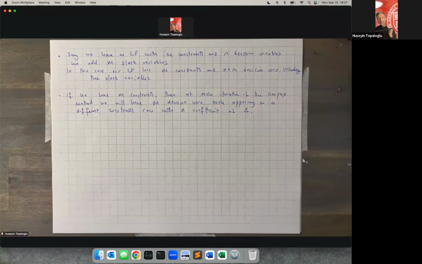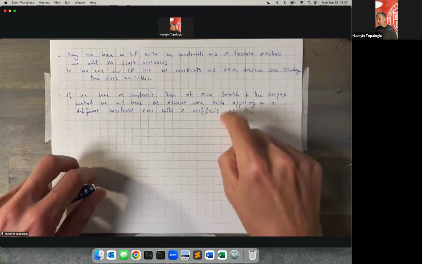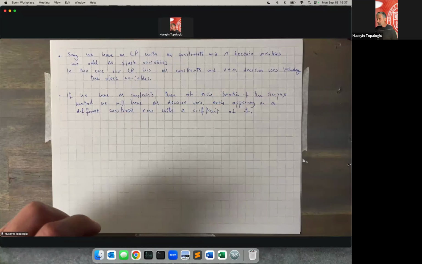These are decision variables that can take positive values, and we call these decision variables basic variables.